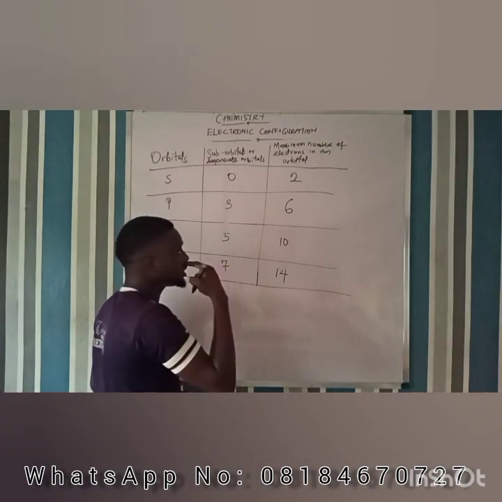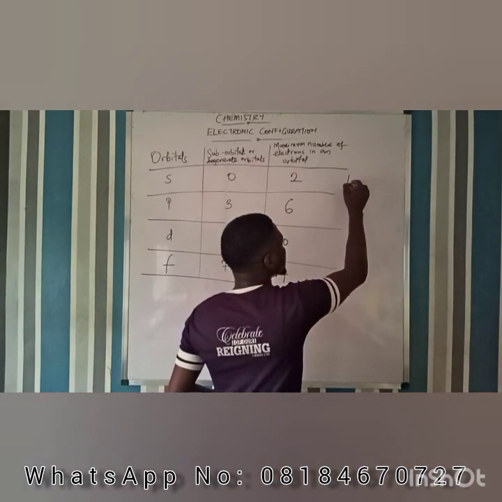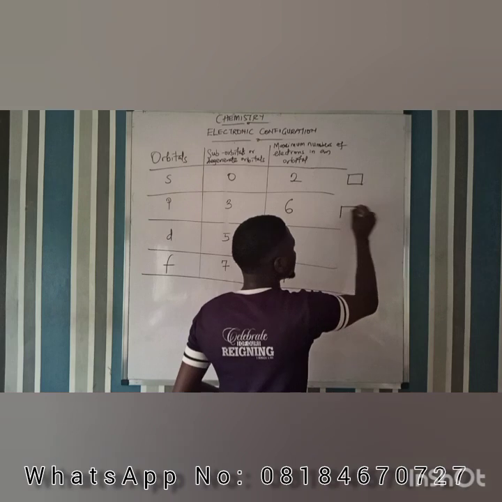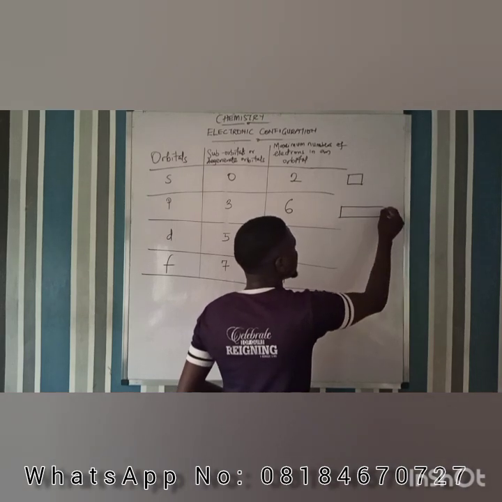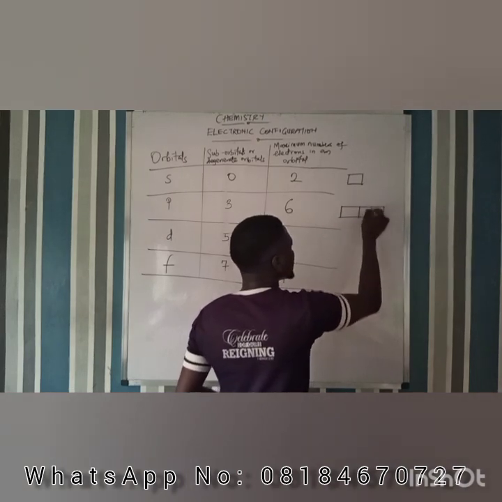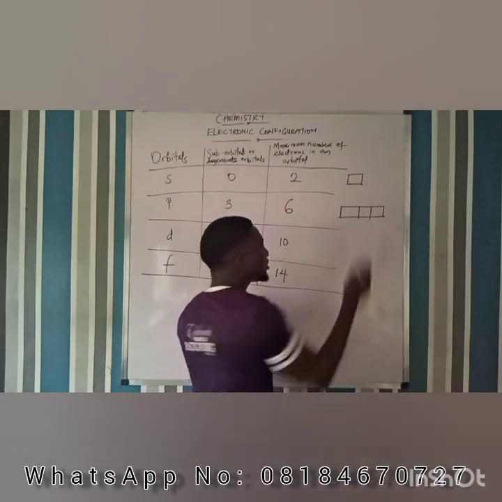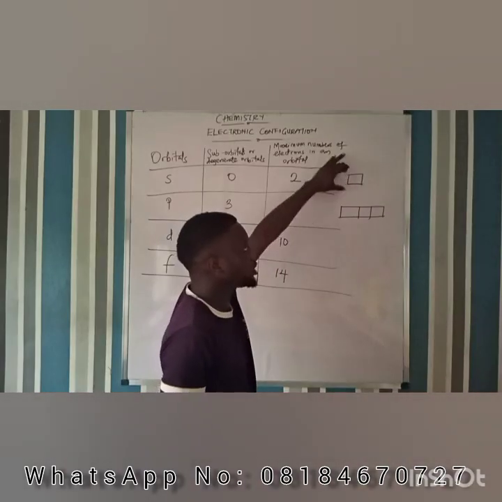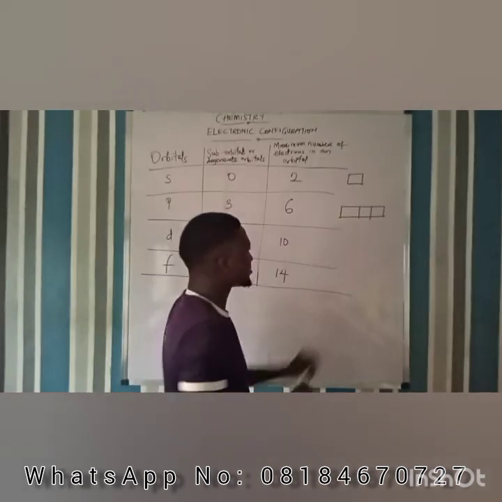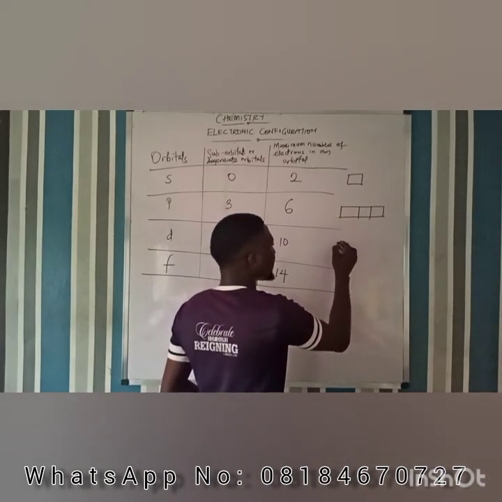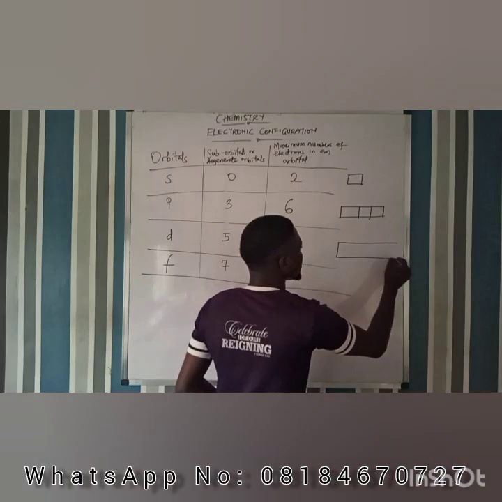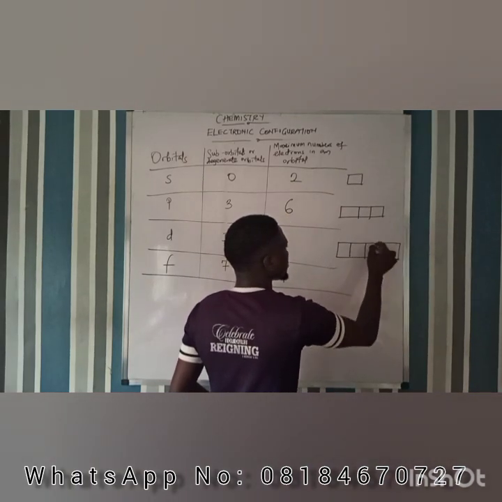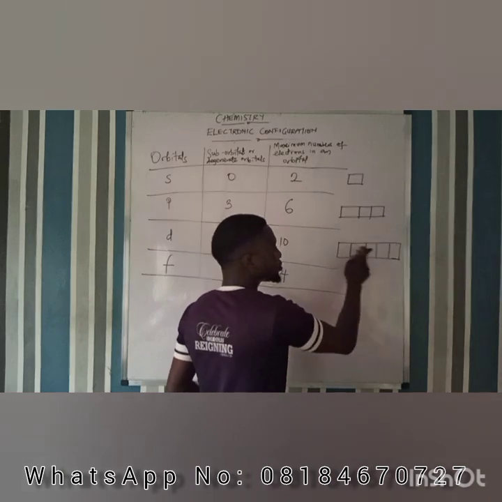What do you mean by degenerate? If you look at this, the S has just one. The P has 3 of these: 1, 2, 3. When we have this orbital here, we could not divide it further. Then for D, we have 5 of them: 1, 2, 3, 4, 5.